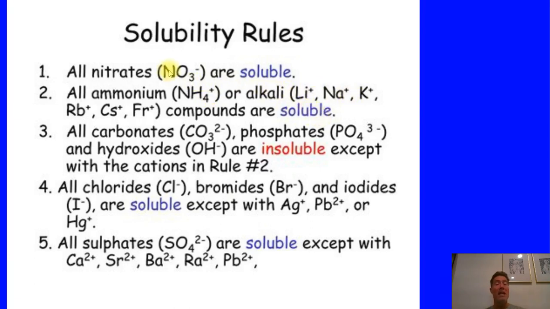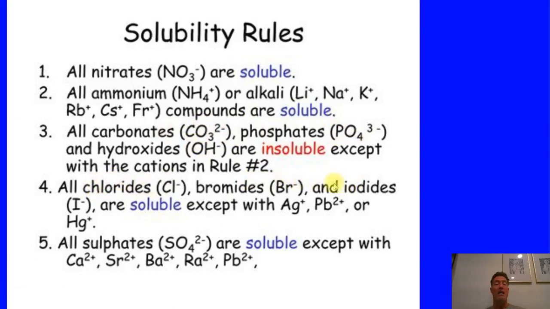So if you see anything built out of nitrate or ammonium or any of the group 1 metals, they're going to be soluble. We're going to see that carbonates, phosphates, and hydroxides are generally insoluble unless they're hooked up with these group 1. So group 1 can overcome the normal insolubility of these.